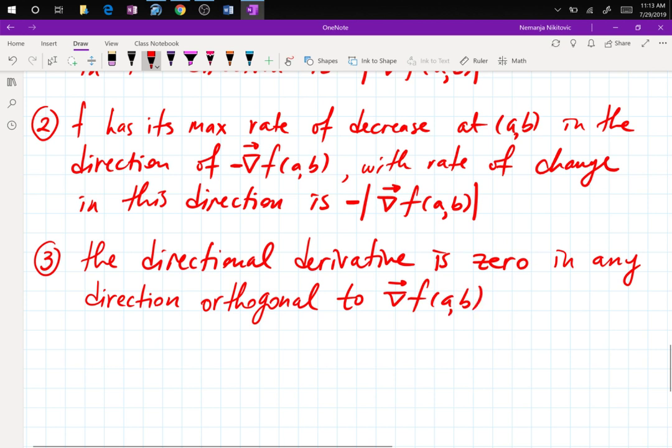That should be common sense because the dot product would be 0. So if there is orthogonality between the vector and the gradient, then the dot product is 0, so the directional derivative is 0.